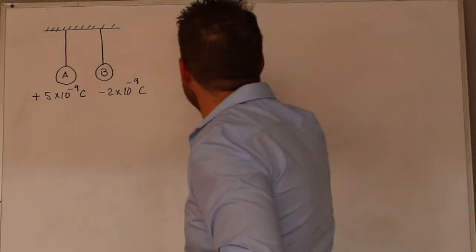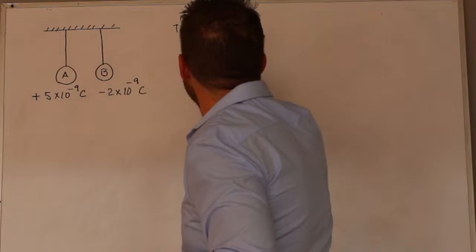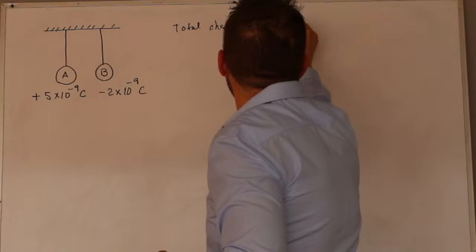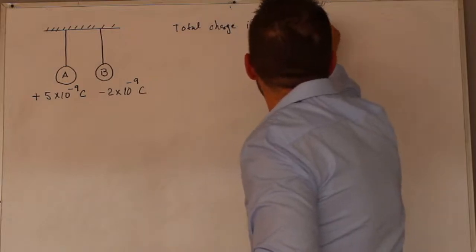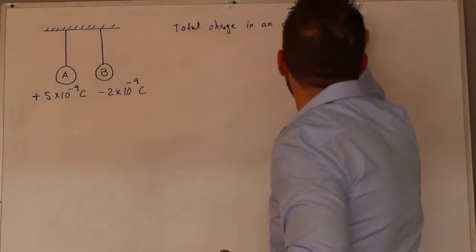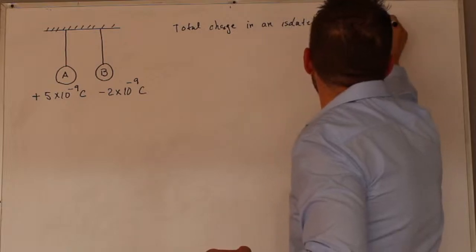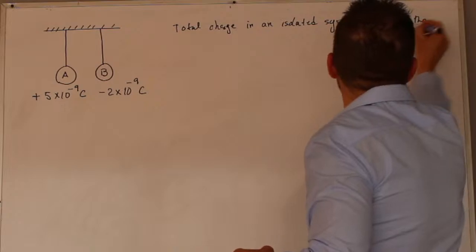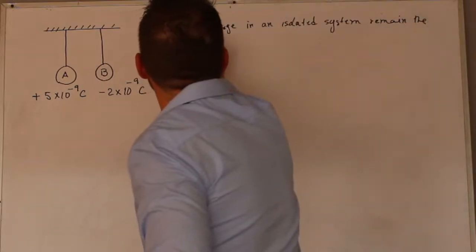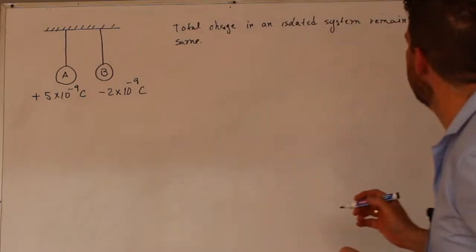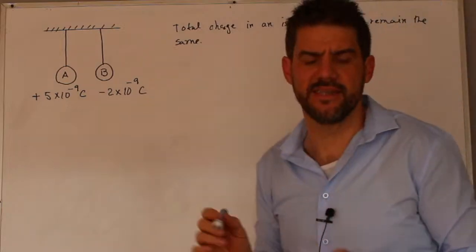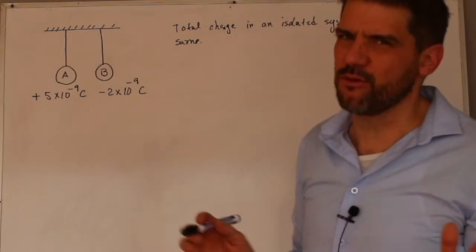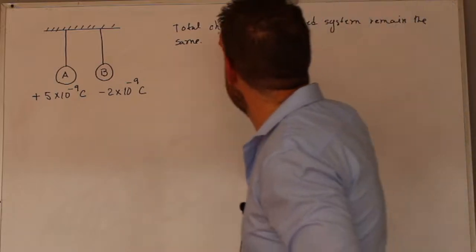It says that the net or total charge in an isolated system remains the same. So the total charge before, during any physical process, I forgot to write there, let's write it down.